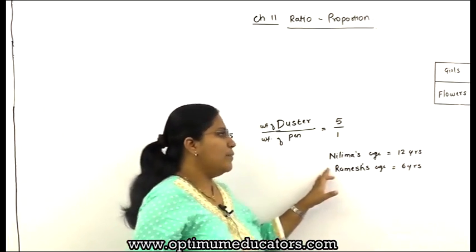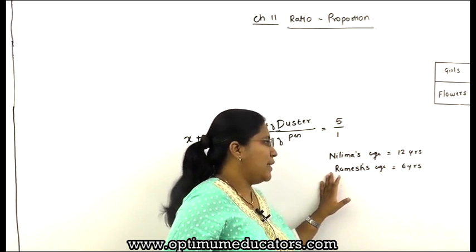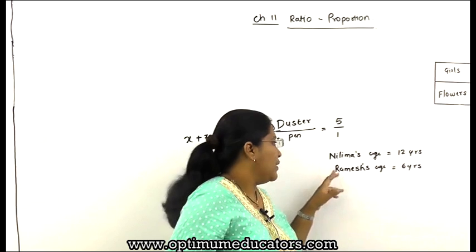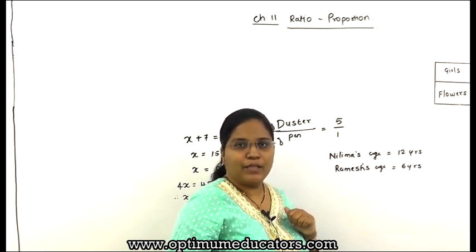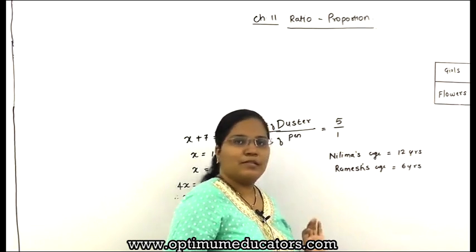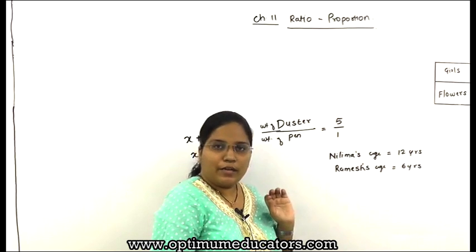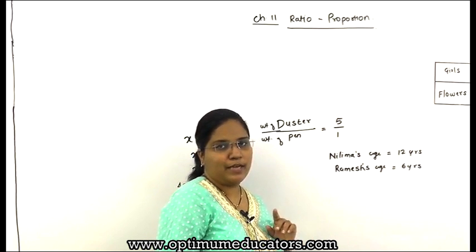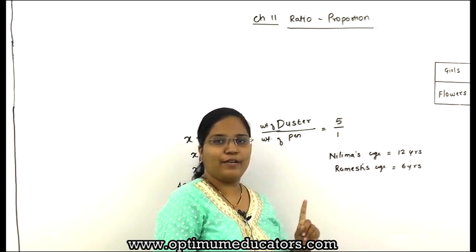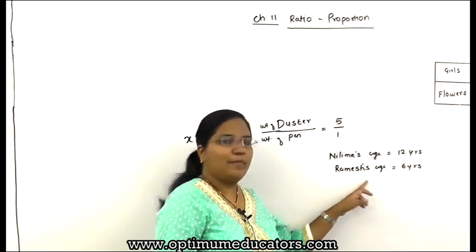Now Ramesh is asked to talk about their ages. What does he say? He says that Nilima is 6 years elder to me. If Nilima is asked about their ages, Nilima says that I am twice as old as Ramesh.